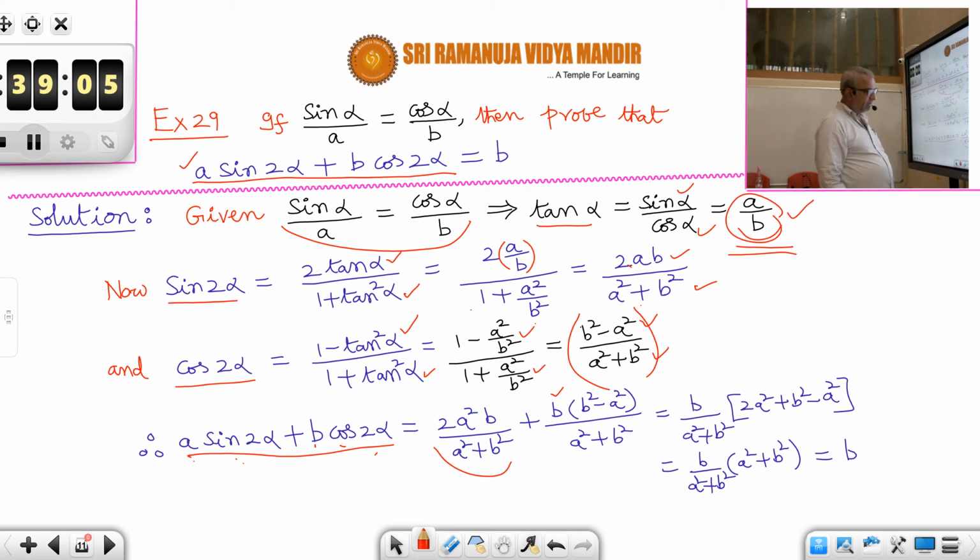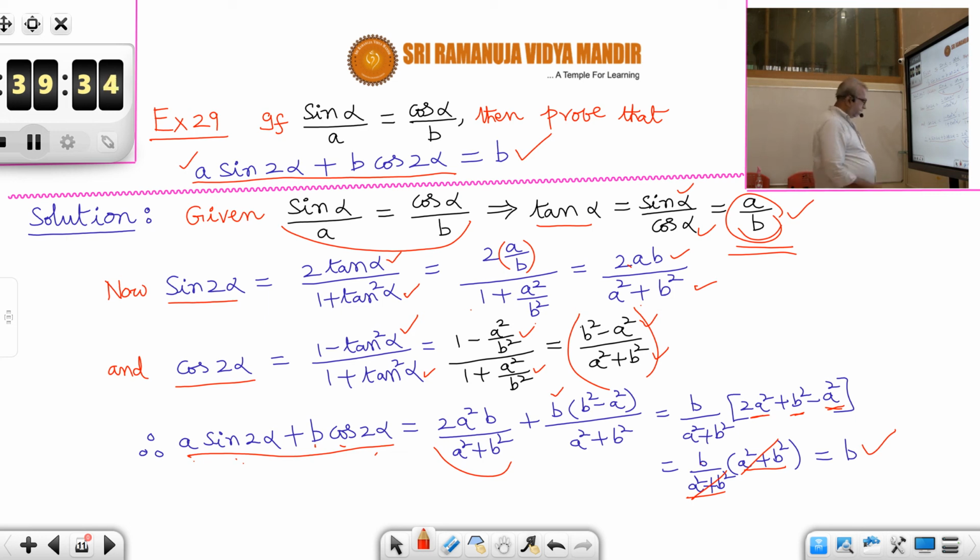What is common? b by a square plus b square we can take common. So in the bracket I get 2a square plus b square minus a square, which is a square plus b square. The denominator a square plus b square gets cancelled out. So you will get only b. The right hand side is b. So we have proved it.